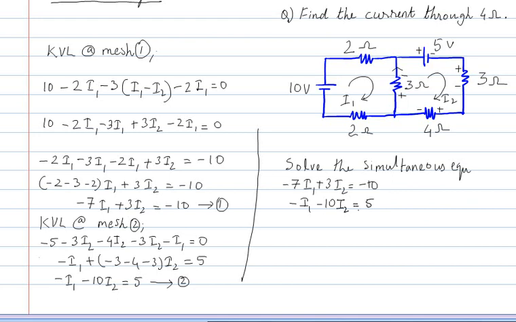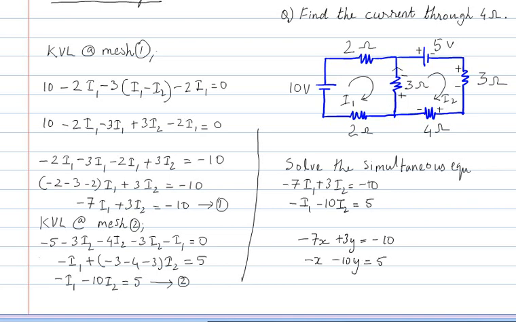So this is the second equation, and this we can solve using many different methods of solving simultaneous equations. The simplest one is using the calculator. Now what you have to remember here is, simultaneous equation means it's same as we used to solve minus 7x plus 3y is equal to minus 10, minus x minus 10y is equal to 5. The same thing.